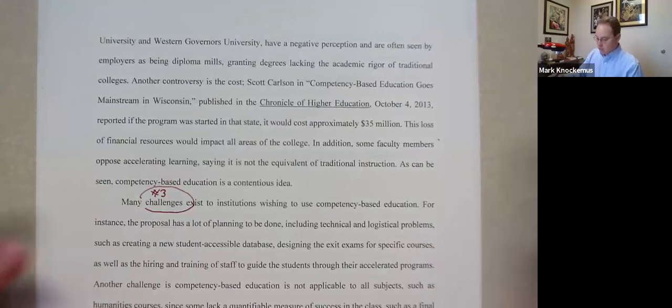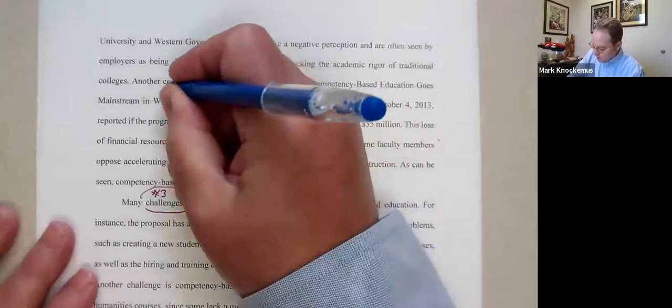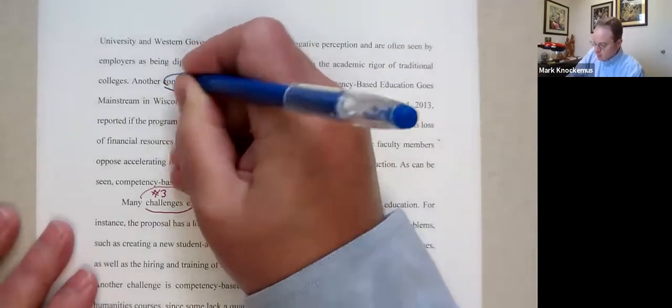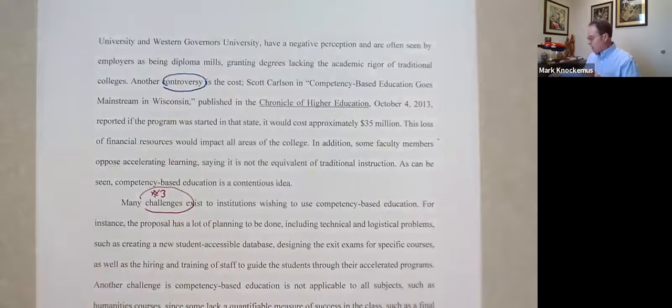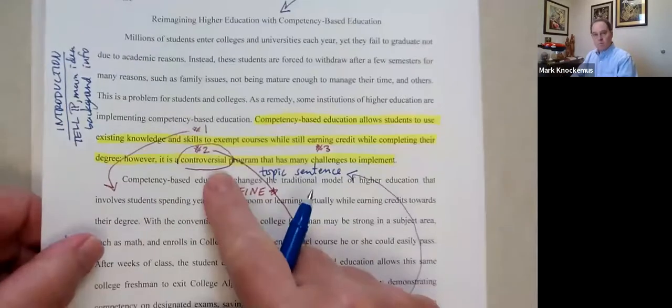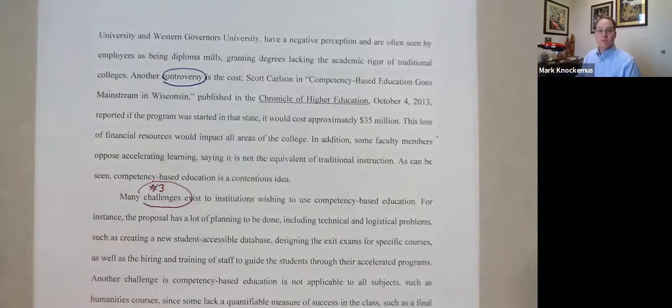Another controversy, you can see I'm going in here, what am I doing? I'm repeating, that's that key term of what? My thesis. Good thing to do is the cost.